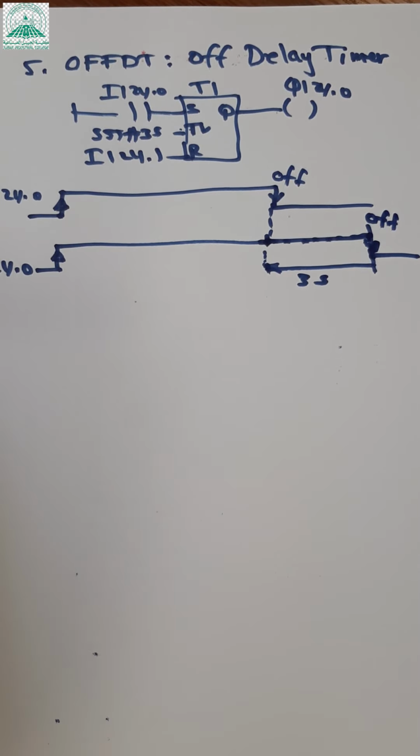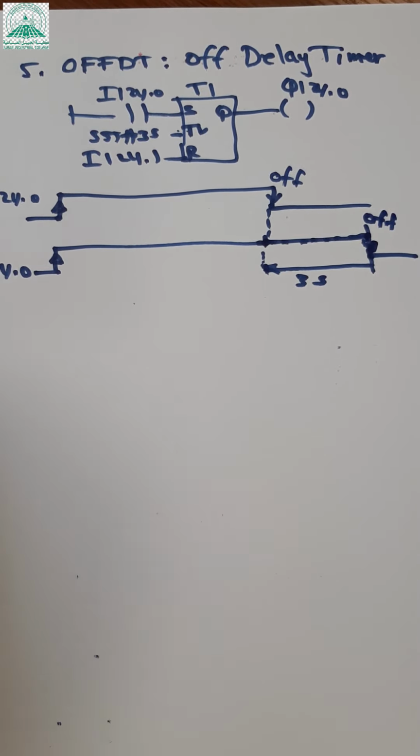One example of using an off delay timer is if you have an oil pump pumping oil to a conveyor belt in a factory, and the operator pushes the off button to switch off the conveyor belt.